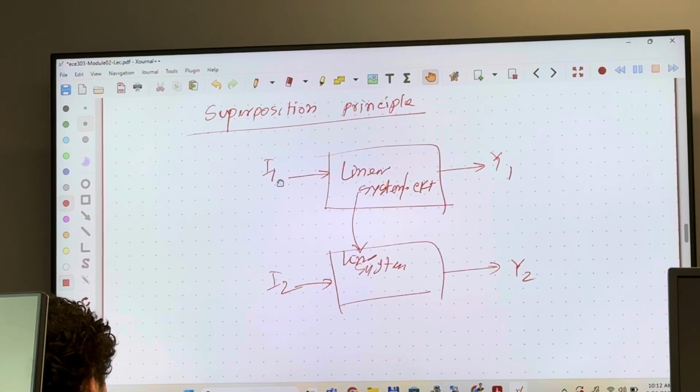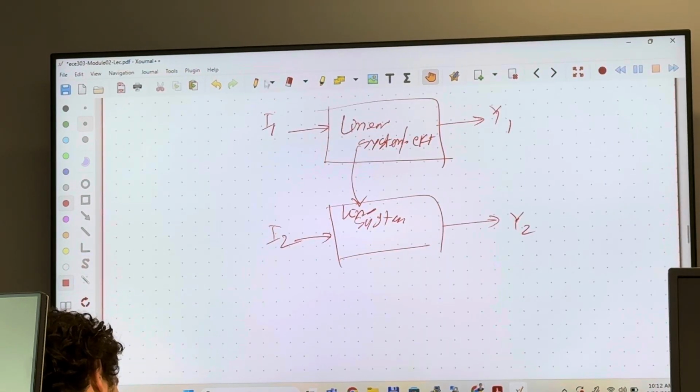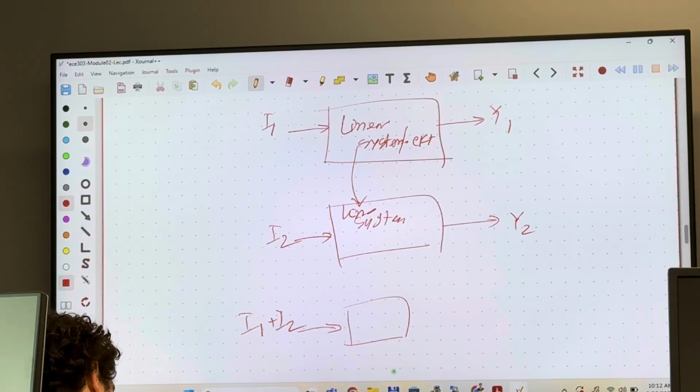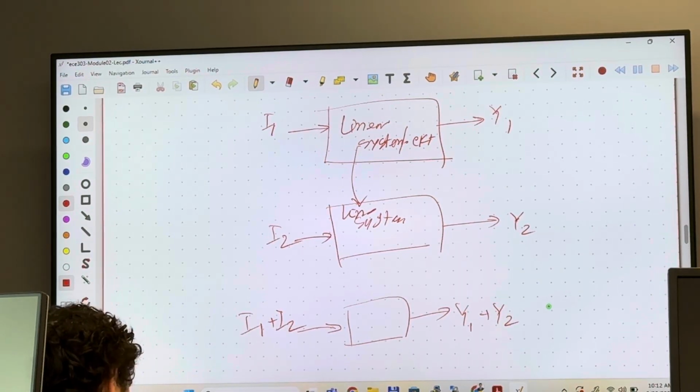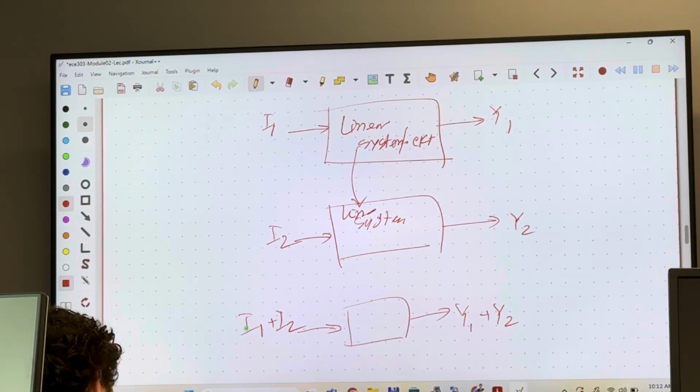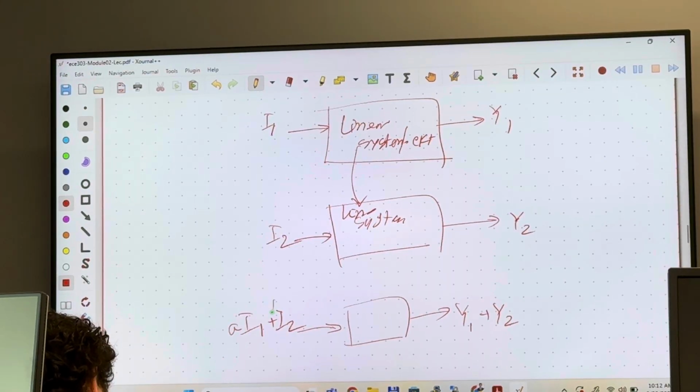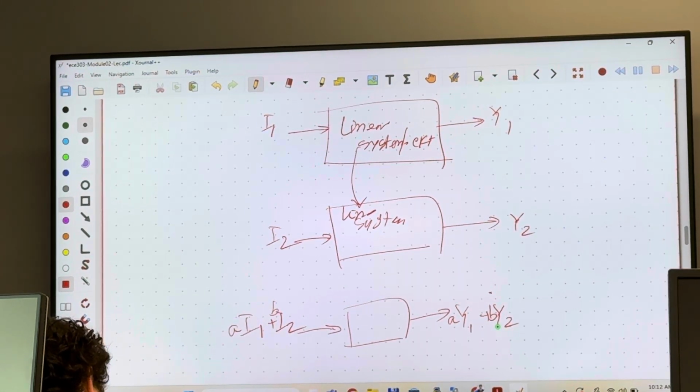If you simply put input I1 plus I2, you can close your eyes and say that because it's a linear system, the output is going to be Y1 plus Y2. And if you multiply by A here and B here, the output is going to be A Y1 plus B Y2. That's what the superposition principle is.